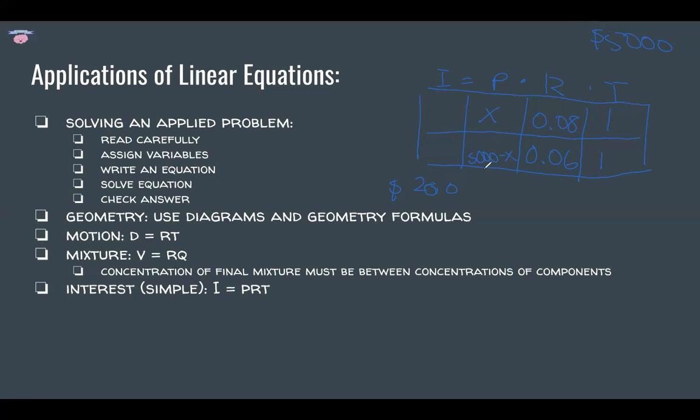We have to put this much over here because we're dividing them between these. Now we can solve for I, and this would be 0.08x because you multiply all of them together. This one would require a bit more work because there's a 5,000 in it. So 0.06 times 5,000 would be 300 minus 0.06x.